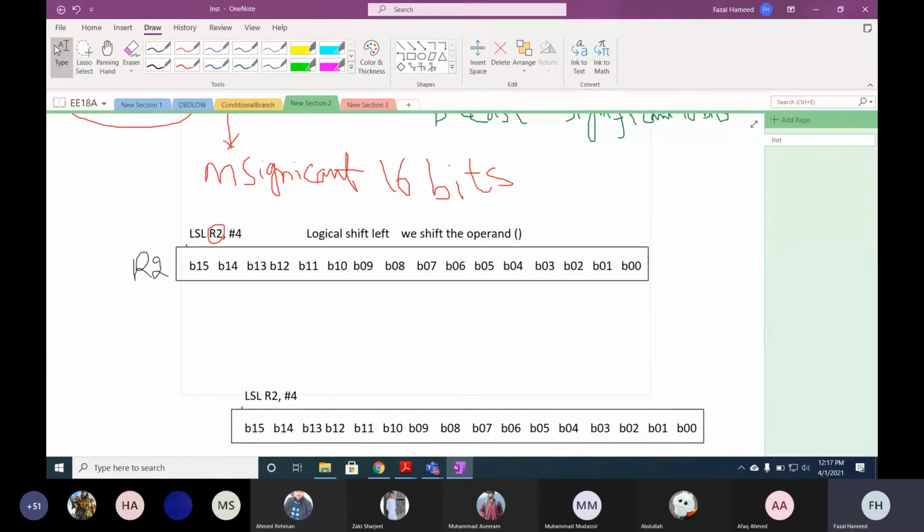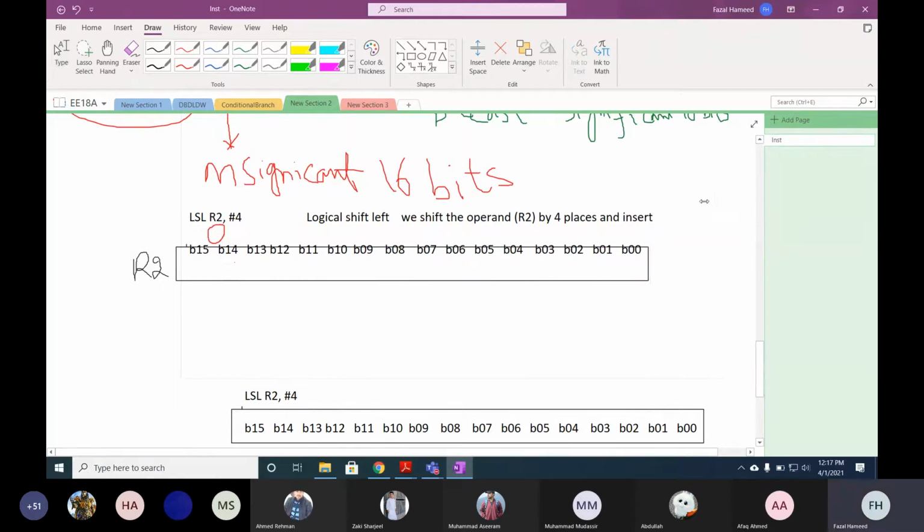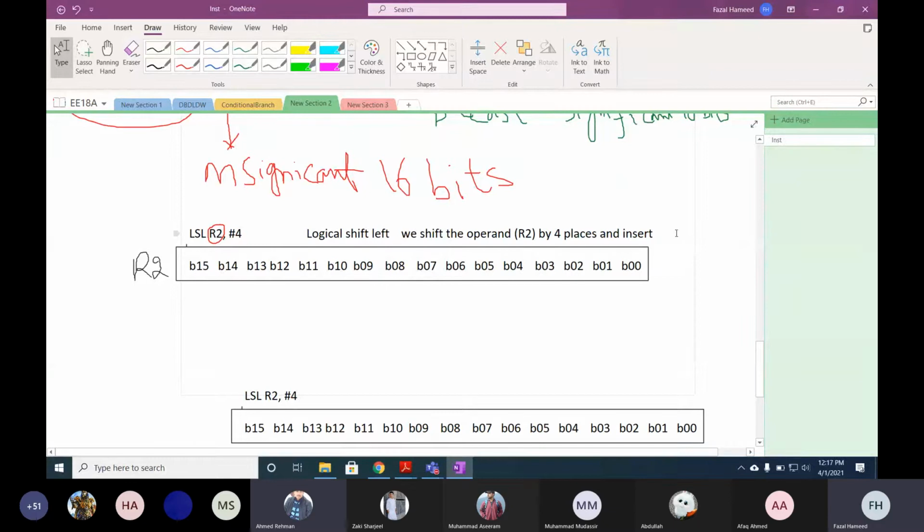The operand in this particular example is R2. Shift the operand R2 by 4 places, and insert 0 on the left. LSL, and insert 0 on the left.